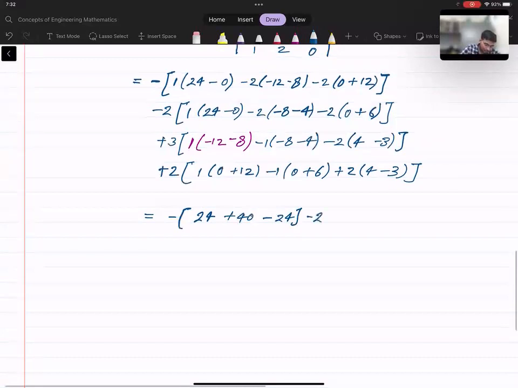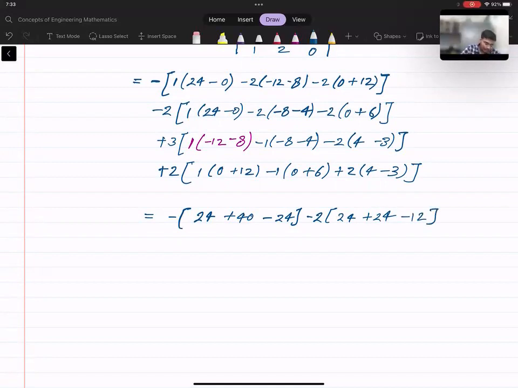Then we have minus 2 into again 24, and 8 4s are 12. 12 twos are 24, so plus 24. And then 6 twos are 12, so minus 12.